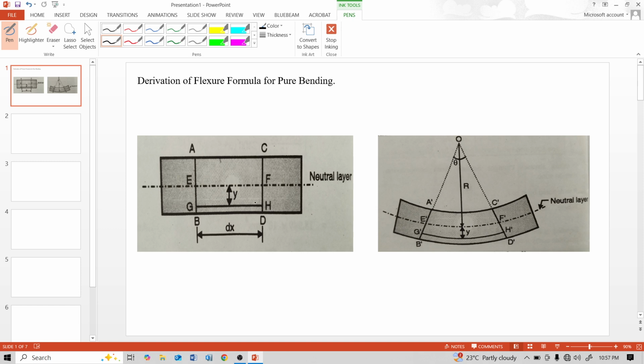This GH layer is at a distance y from the neutral layer. After bending, R is the radius of curvature of the neutral surface.